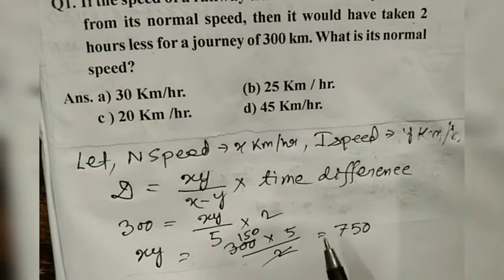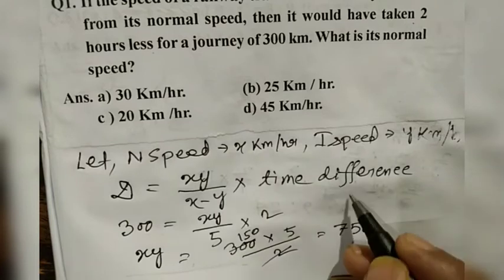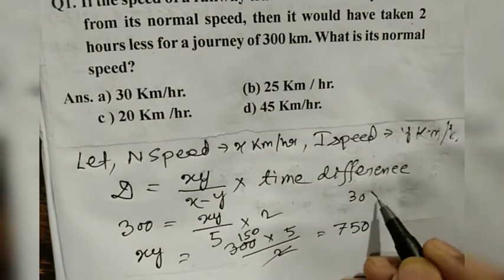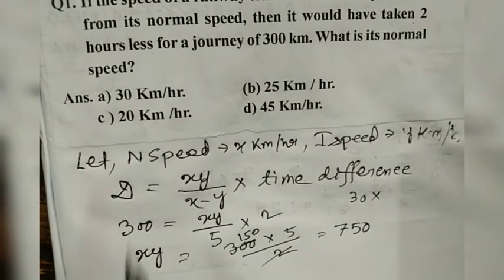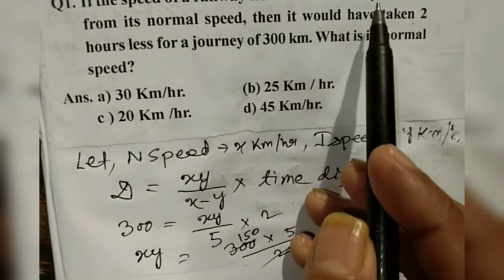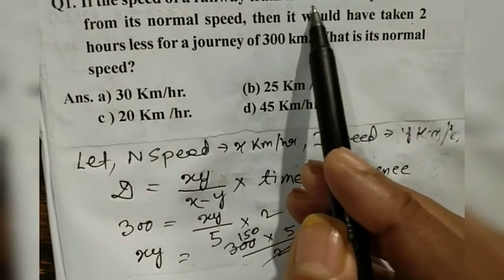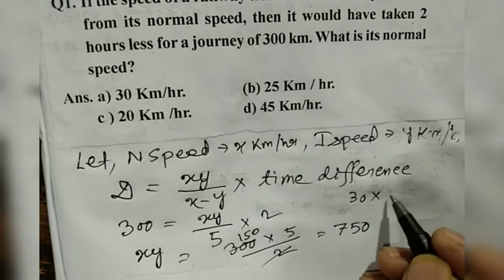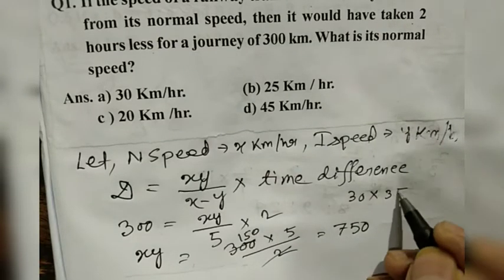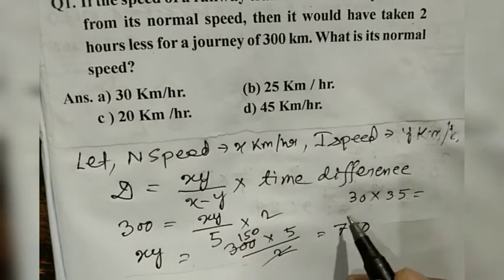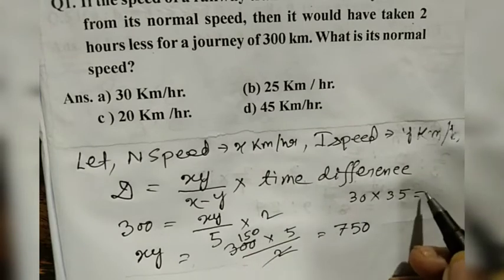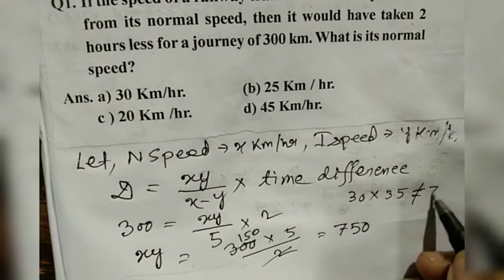Let x equal to 30. So 30 into y, increased by 5 km, 35, but 30 into 35 is not equal to 750.